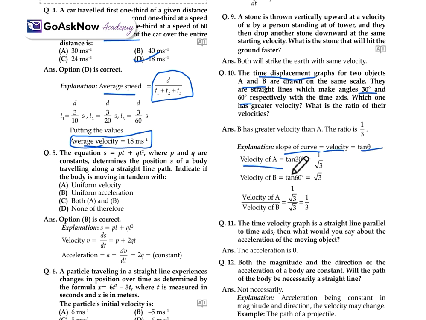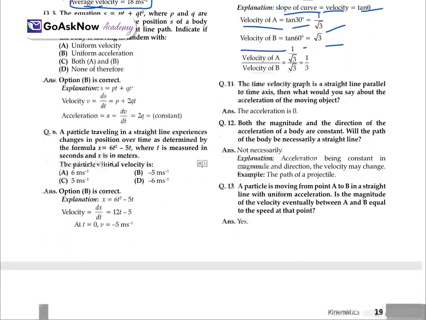Velocity of A is tan 30, which is 1 by root 3. Velocity of B is tan 60, which is root 3. So we put the values: velocity of A to velocity of B is 1 by root 3 to root 3, which is equal to 1 by 3. So B has the greater velocity, and the ratio is 1 by 3. Here we can conclude that B has greater velocity than A and the ratio between them is 1 by 3.